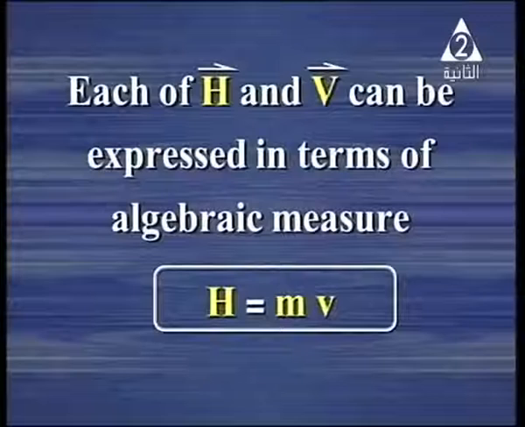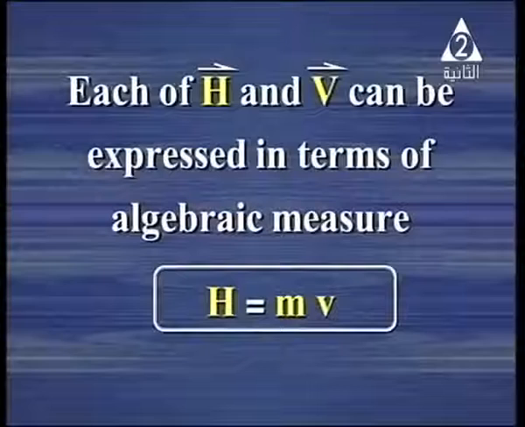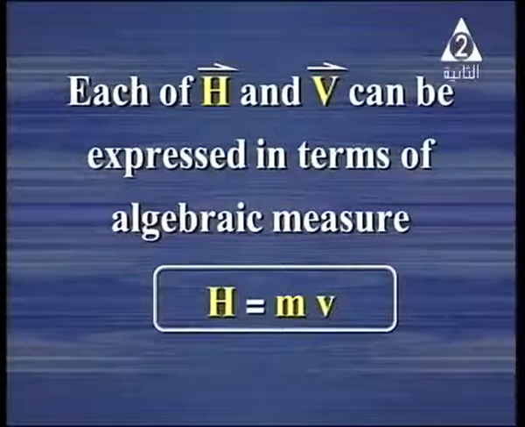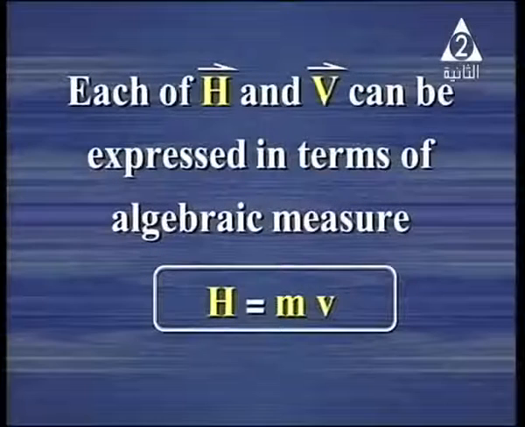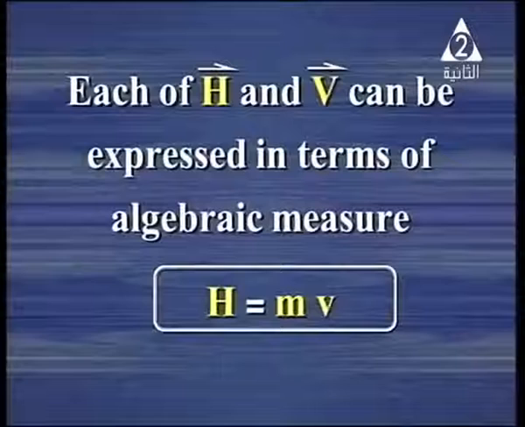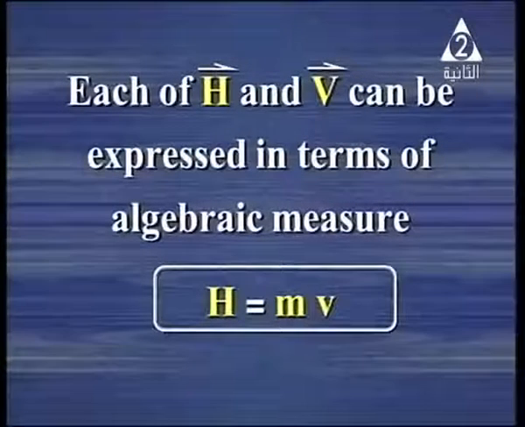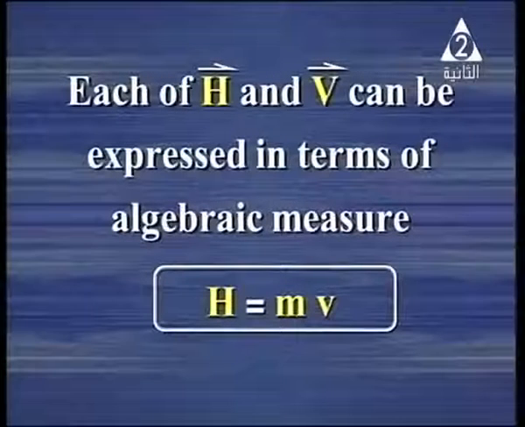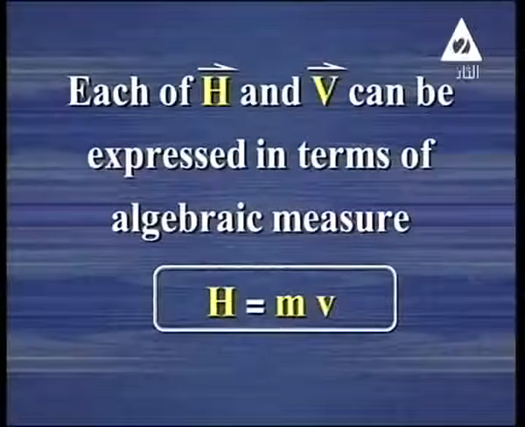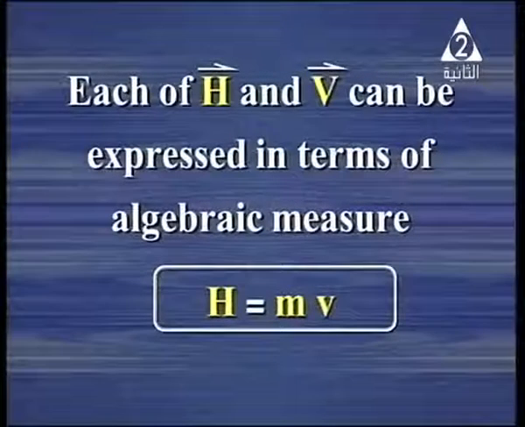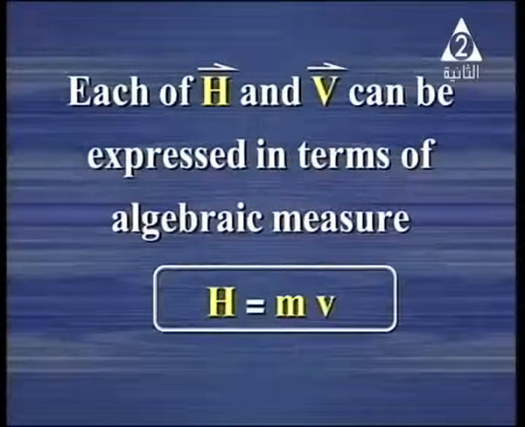The first equation is vector h equals m times vector v. In this case, h and v are in the same direction, but by algebraic measure, momentum h is m times v, where m is the mass of the body and v is the velocity of the body. When we multiply m times v, we deduce the value of momentum.